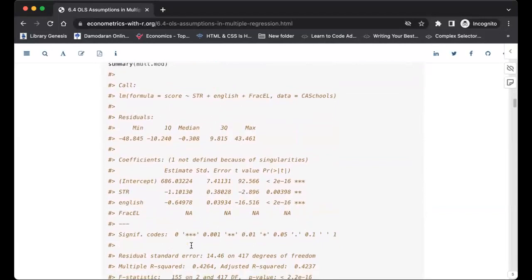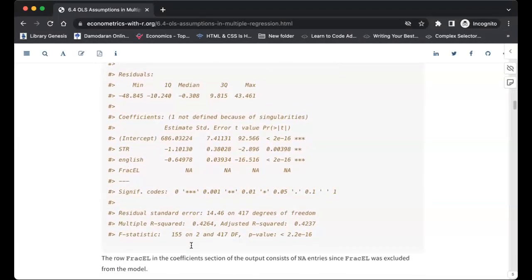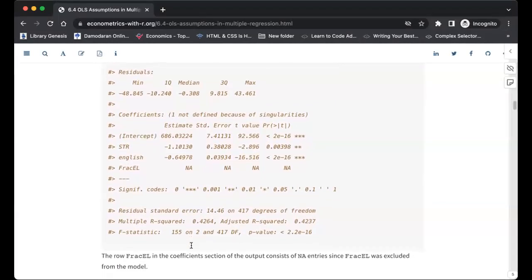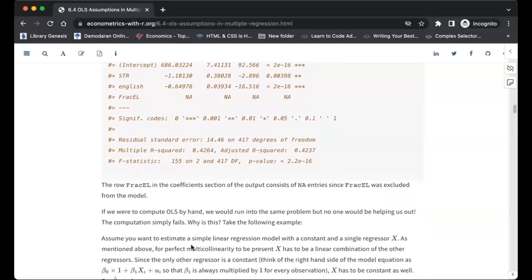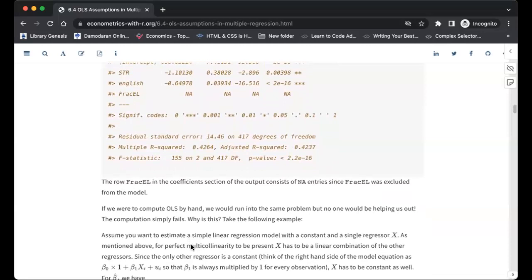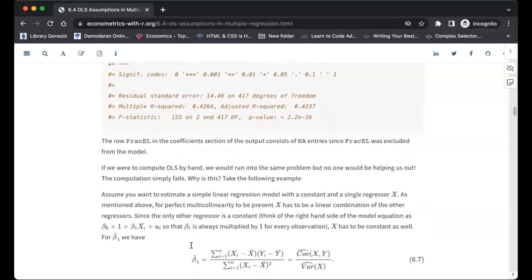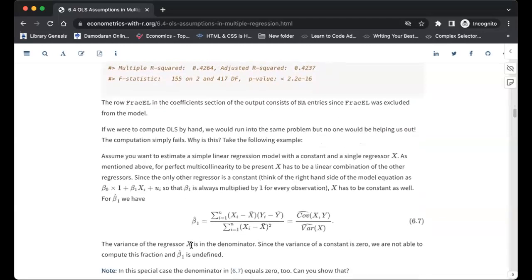It drops it. So it's saying that if we were to compute it by hand, we would have the same problem as well, because that's the formula for beta 1.